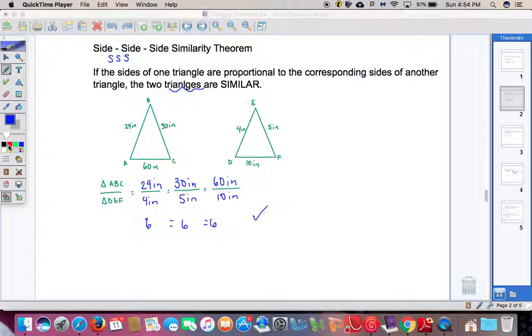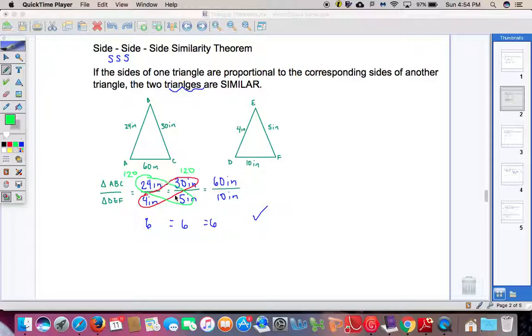And if I cross multiplied 4 times 30, I would get 120. And if I cross multiplied 24 and 5, I get 120. So I know that by my cross products, 120 and 120 are equivalent to each other, or we would say proportional.